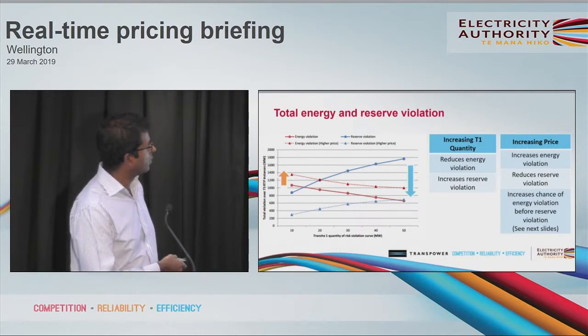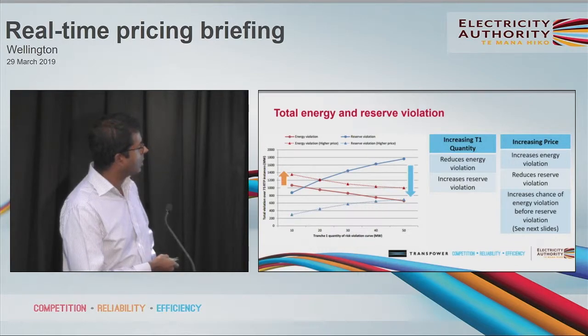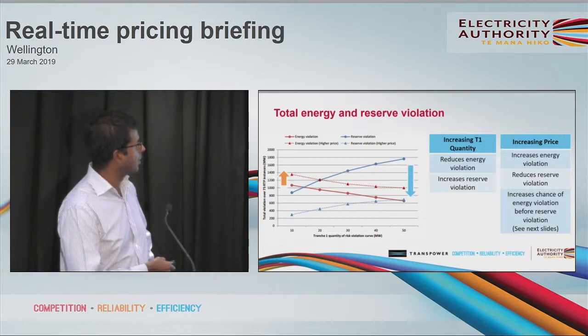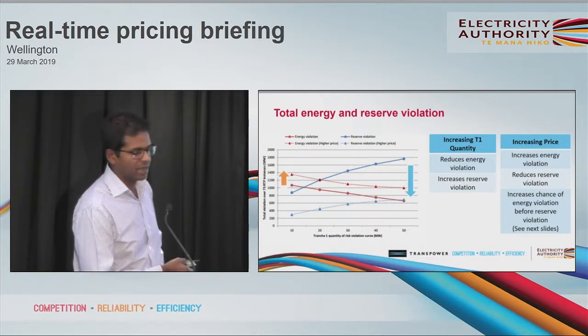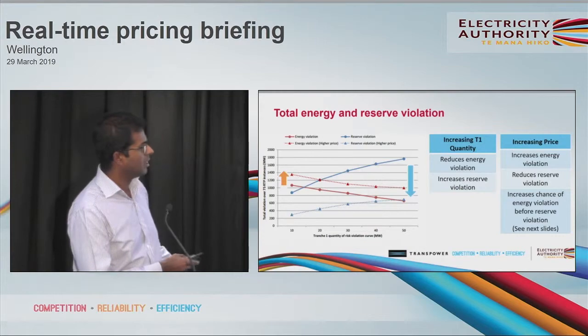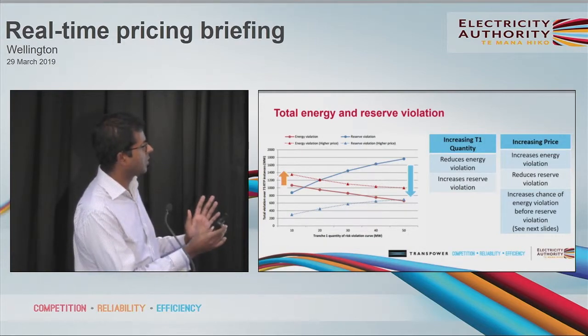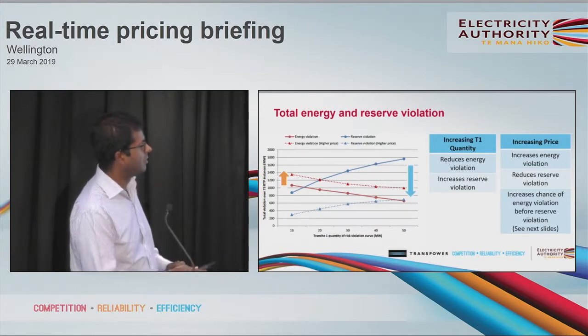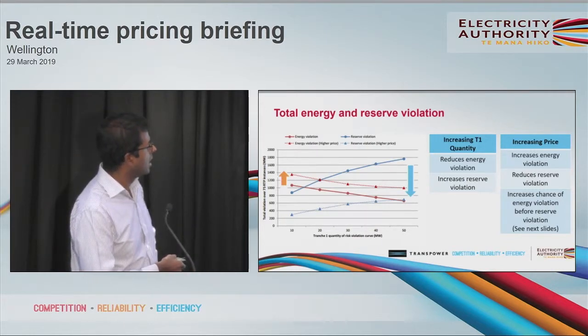What we see is that we start off with less reserve violation, but as we start increasing the tranche, we tend to get more reserve violation, and that makes sense, because the wider you make the tranche of a low price reserve option, the more reserve violation you'll get.